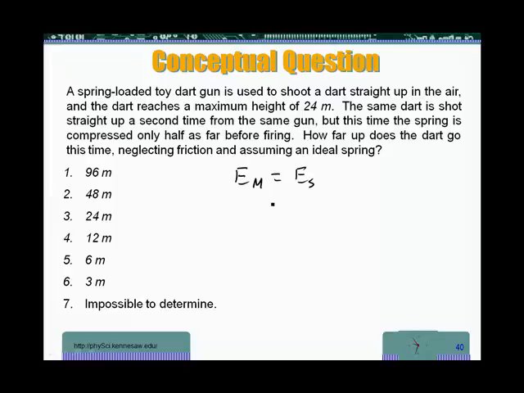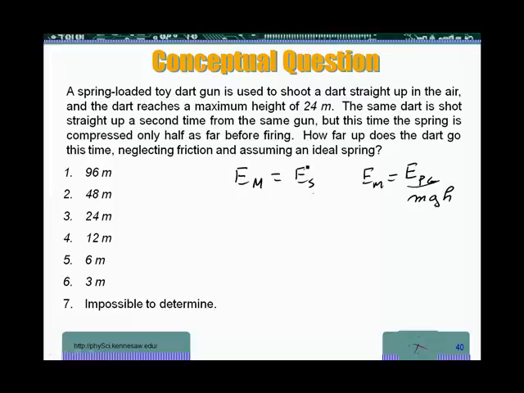Now, at the end, the mechanical energy is going to be the gravitational potential energy. So when we had a particular spring potential energy, we get 24 meters. Remember, the gravitational potential energy is just mgh.